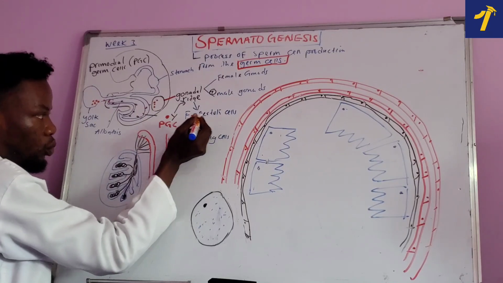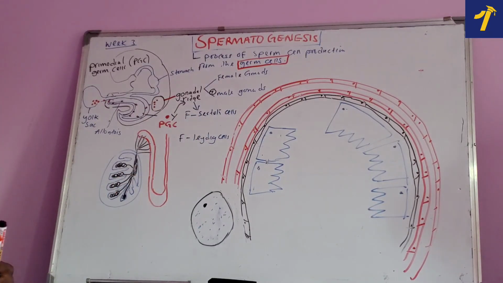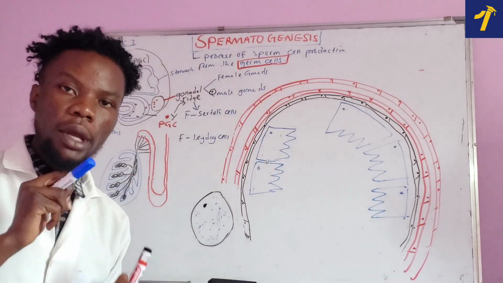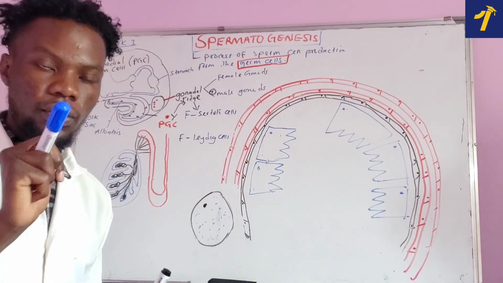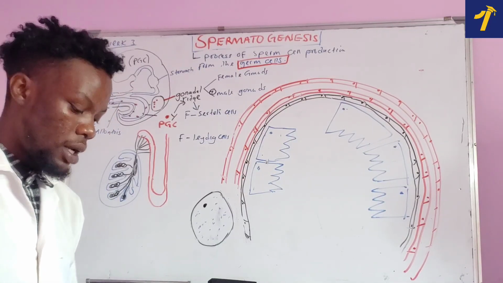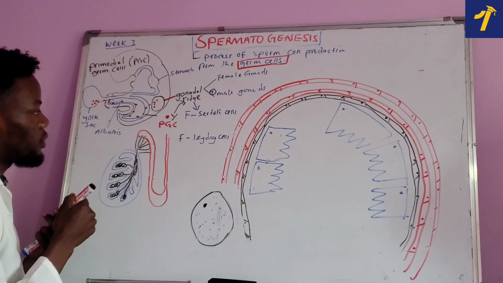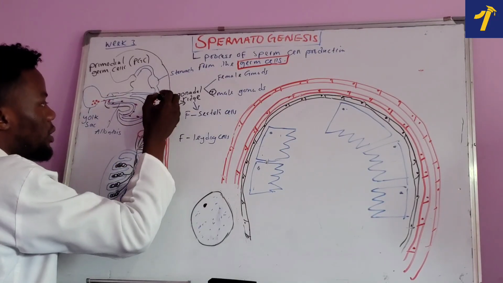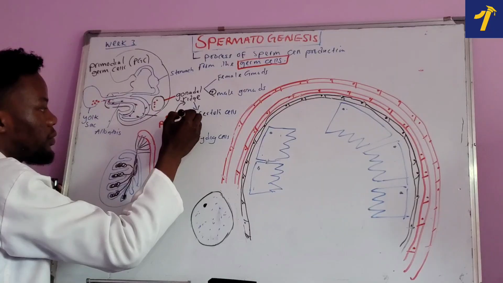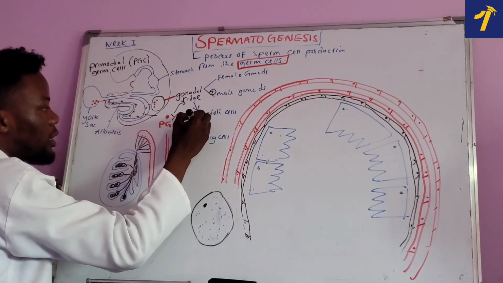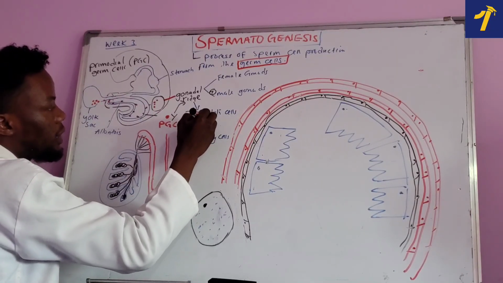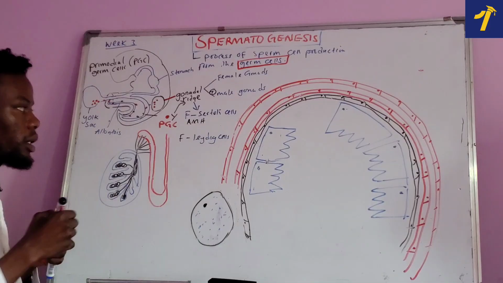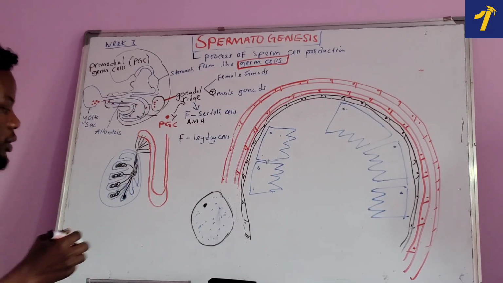Fetal Sertoli cells, what do they do? Make sure that you understand this because they are going to examine on that. So fetal Sertoli cells, what do they do? They will start producing something which we call anti-Mullerian hormone.